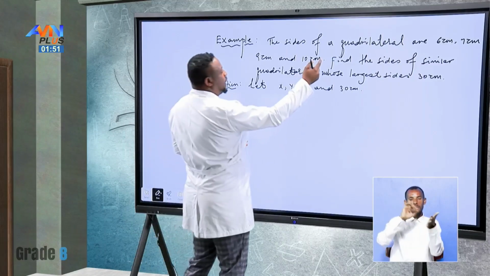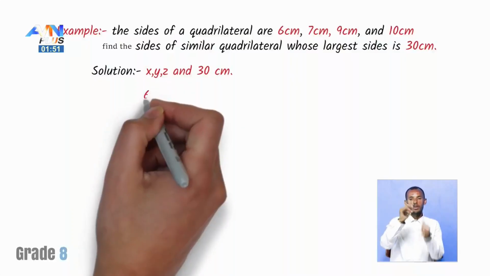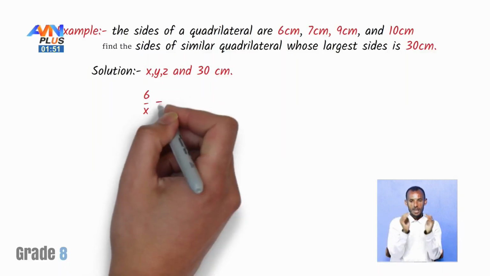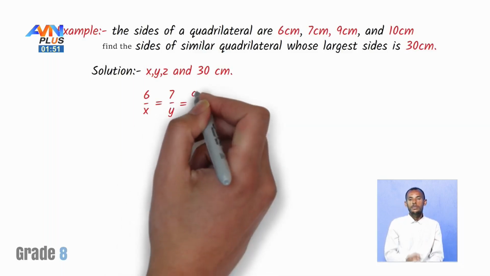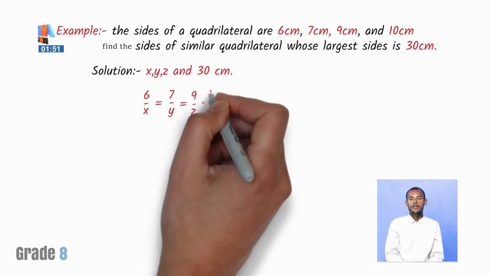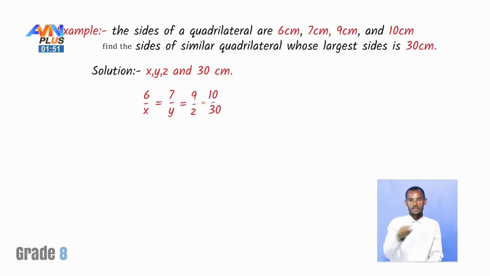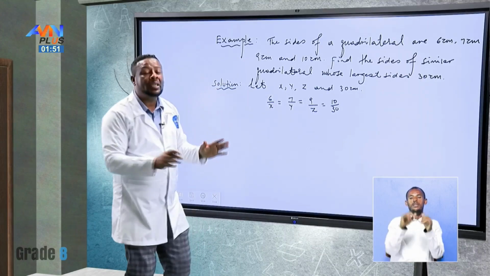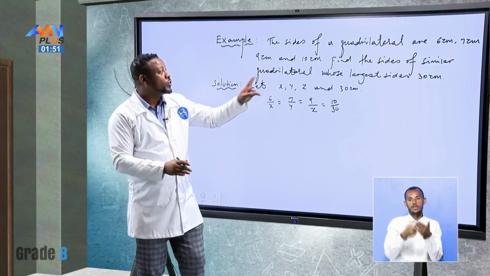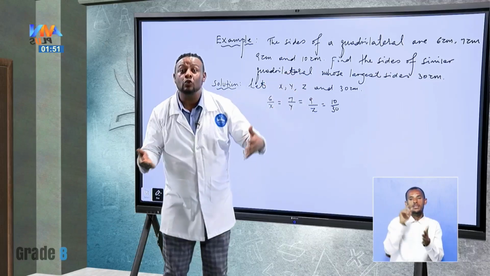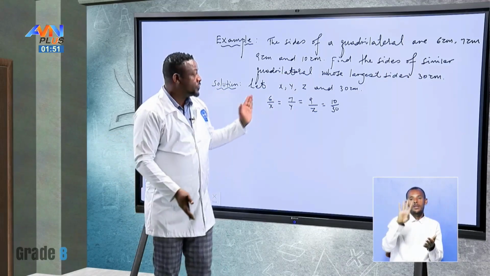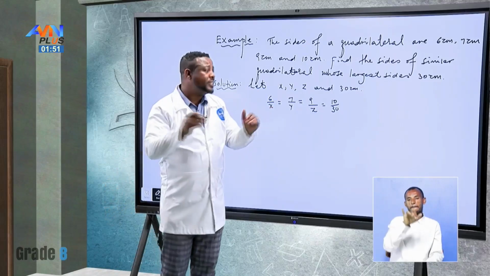That means 6 over x must be the same as 7 over y. This must be the same as 9 over z. And lastly, we have 10 over 30. Okay, these ratios must be the same. Otherwise, you cannot say the two quadrilaterals are similar. Since it says the two quadrilaterals are similar, these ratios are the same. That is the first thing that you need to do.